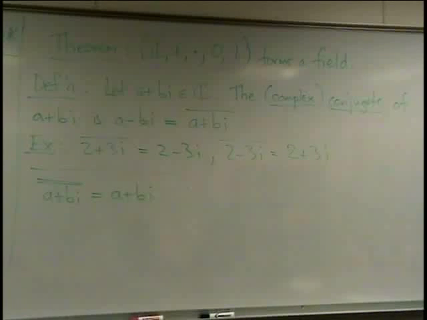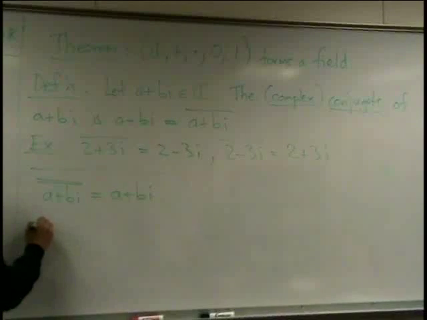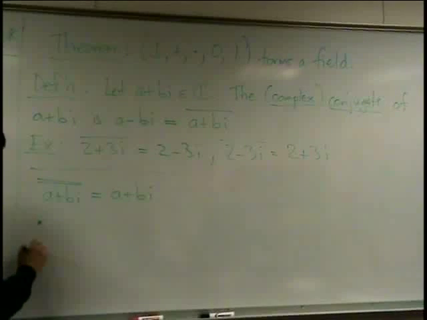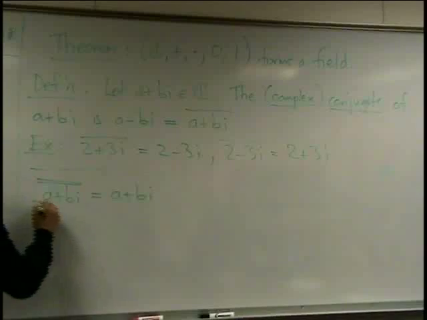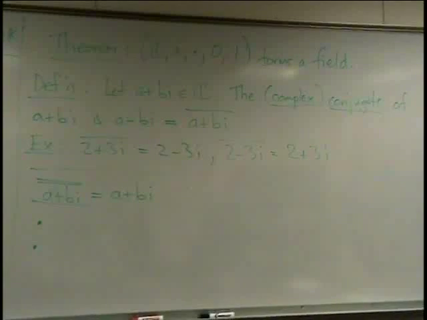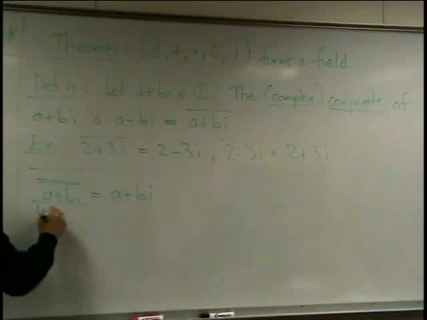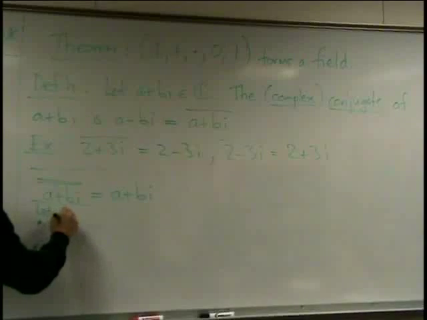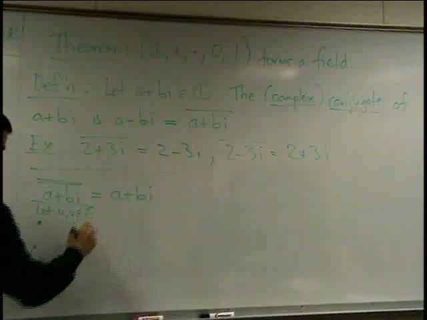So let me write the properties down. Let's say u and v are complex numbers.